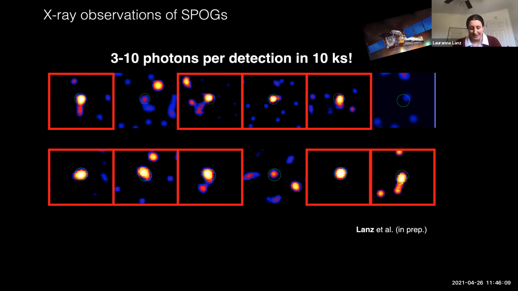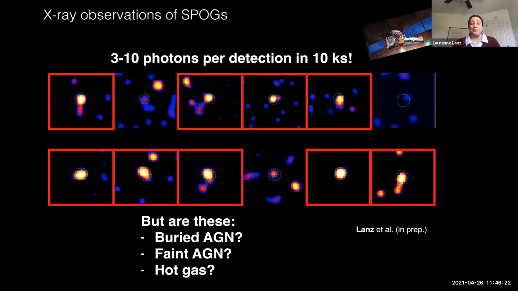But even with 10, you can't really build a spectrum that you can model reliably to get luminosities or obscuration. And so it's tough to tell the difference between, are these faint because they're heavily buried? Are these faint because they're low luminosity? Are they even AGN, or could it be some sort of hot gas emission? And this is not at all helped by the complication that 1266 has all 3 of these happening at once.